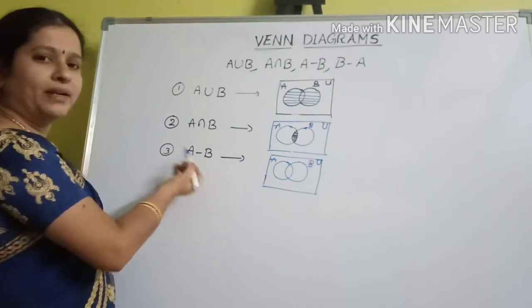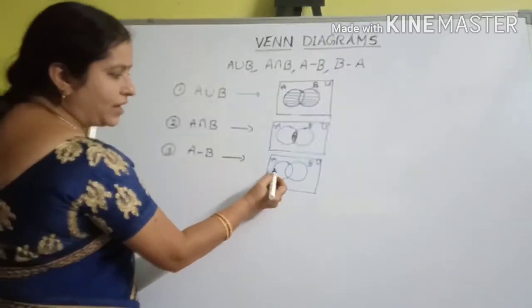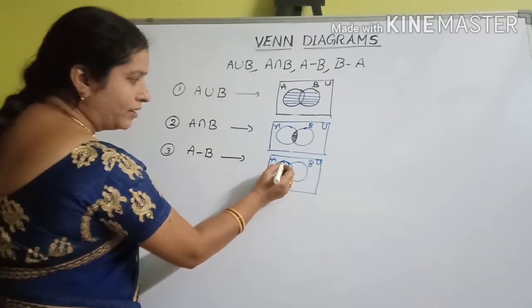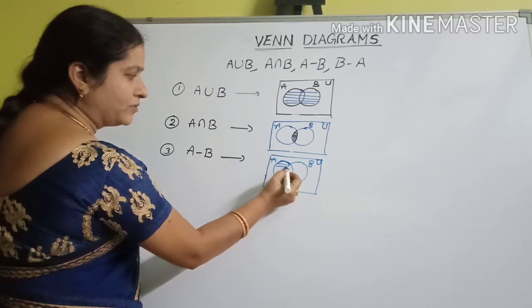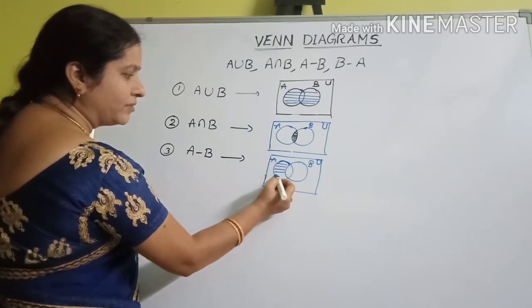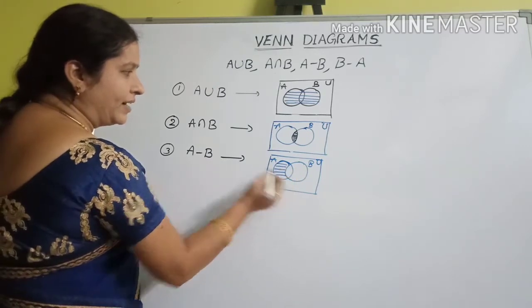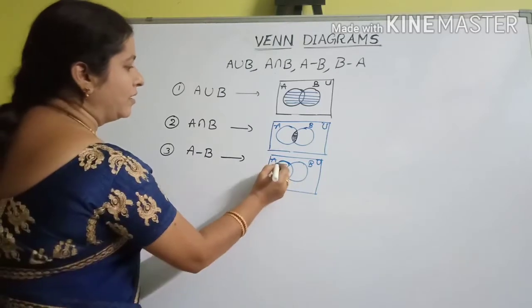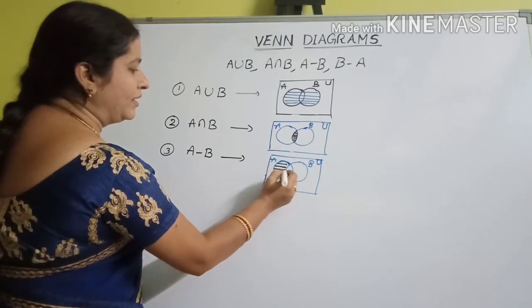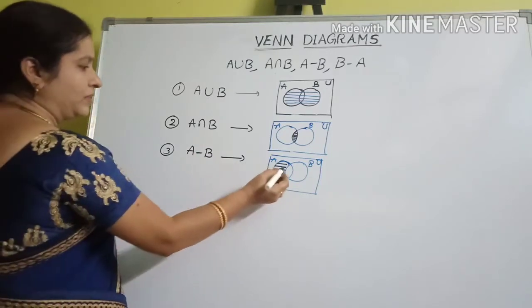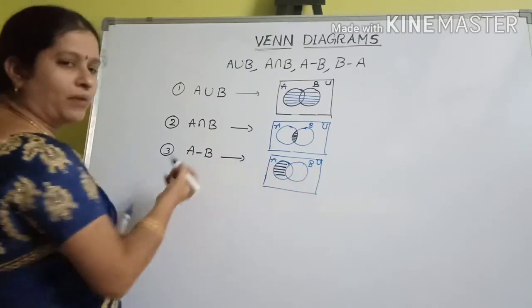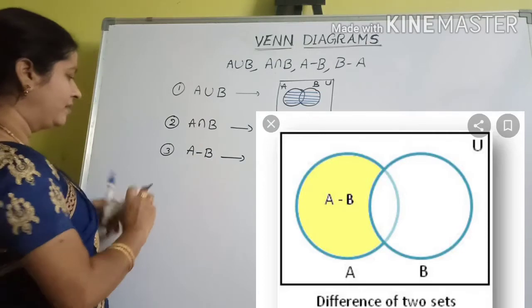The only elements in A. So what is the part only in A? This part only belongs to A. So the shaded region, the only region in A, is A minus B. So this represents the Venn diagram of A minus B.